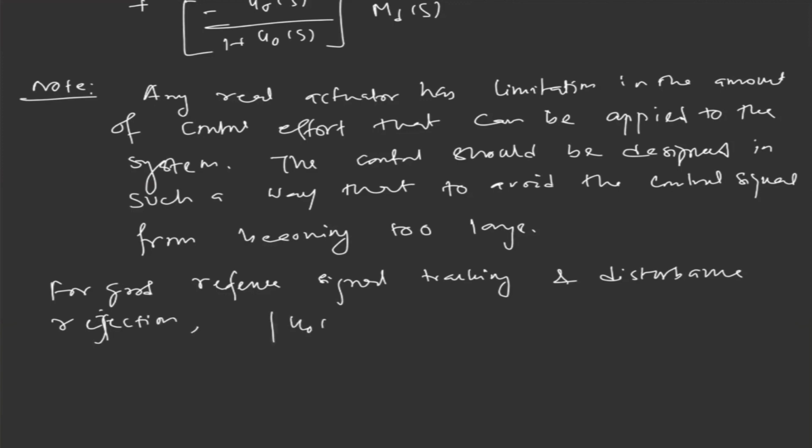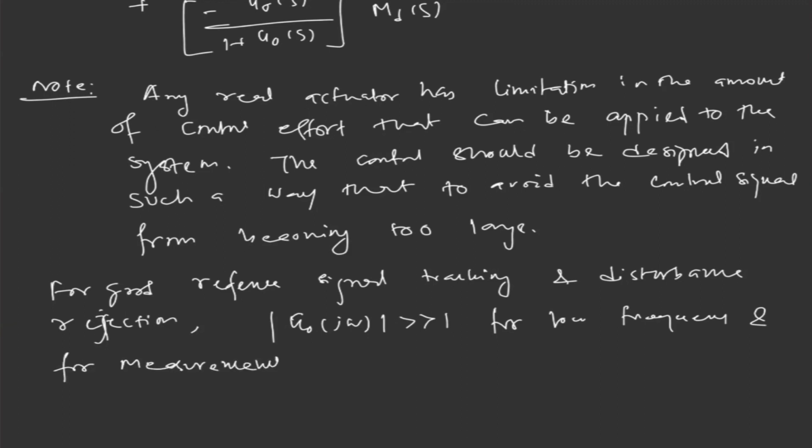It means G naught(j omega) should be very, very large for low frequency, and for measurement noise attenuation, the open loop gain should be very small in high frequencies.